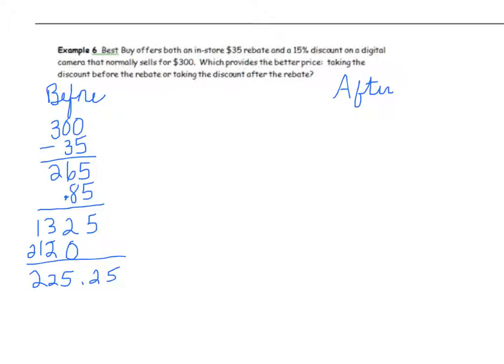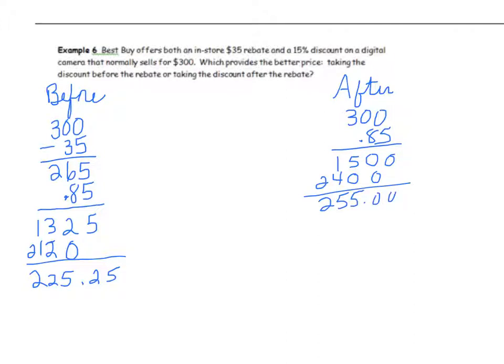If I take the rebate after, then I would take $300 times 0.85, so that's going to be $255 less the rebate, which is $35, which is going to be $220.